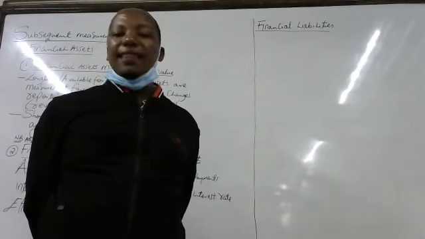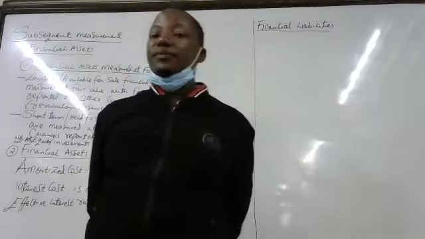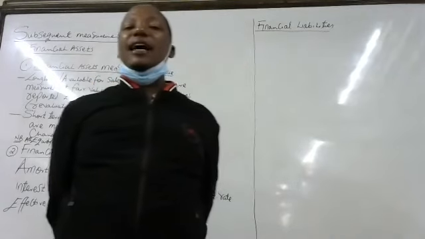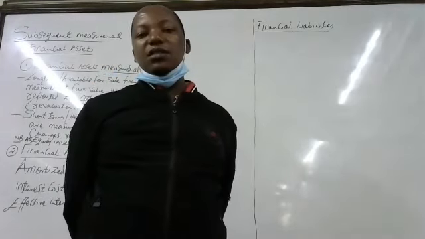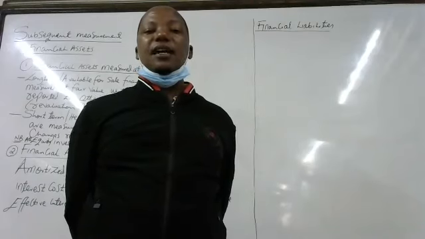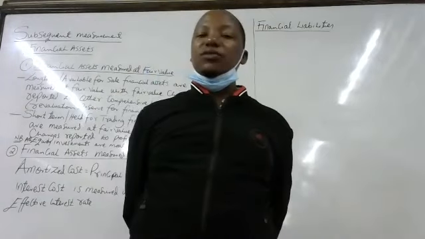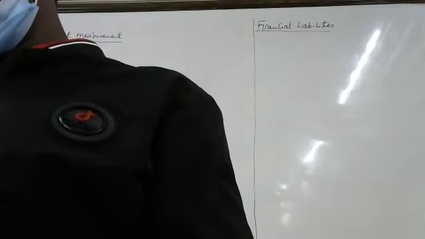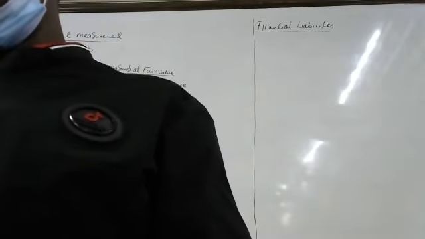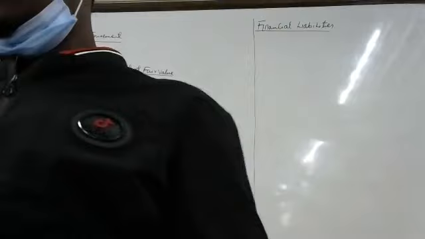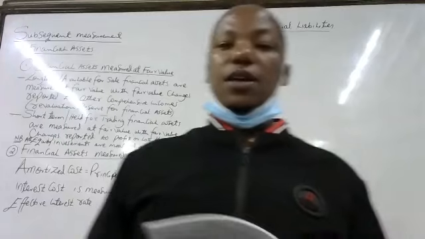Then all other financial liabilities are measured at amortized cost. Full stop. Example. So we can go to an example.